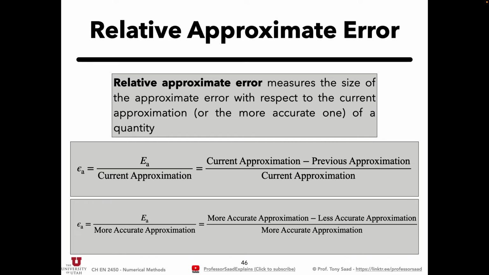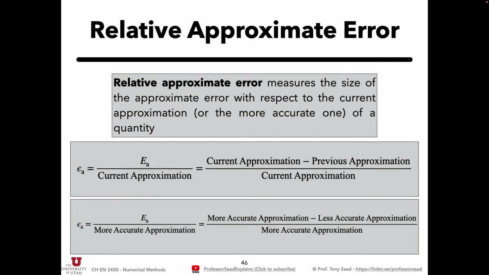So just like the true error, where we defined a relative true error, for the approximate error we are going to define a relative approximate error because we need a sense of how big that error in the approximation is. So we simply divide by the better approximation. Just like with the previous definition where we divided by the true value, here we're going to divide by the more accurate approximation.